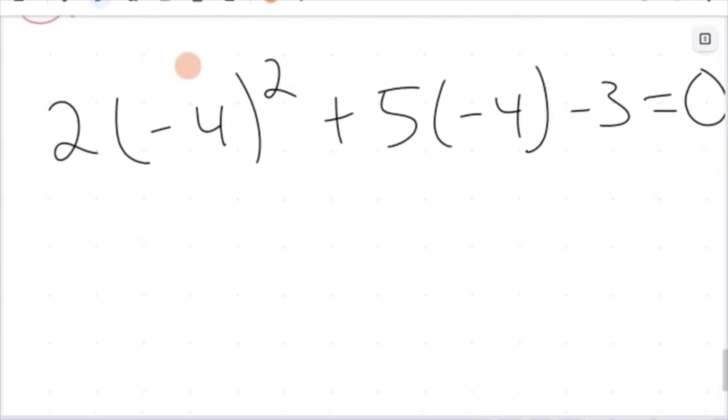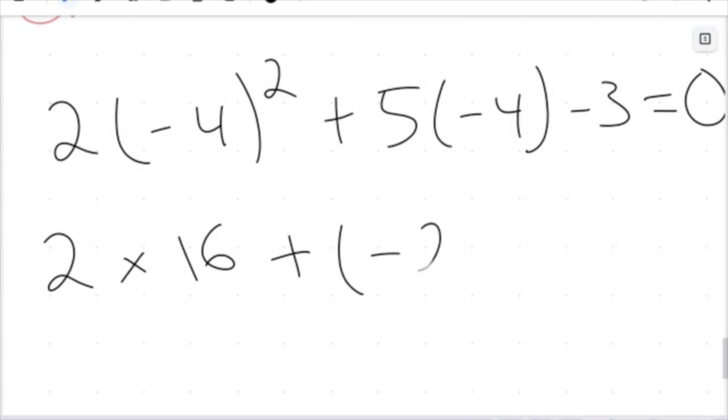Now here I have a negative number squared. So that means I have a negative 4 times negative 4. That's going to give me positive 16. So this means I'm doing 2 times 16 here. And then I'm adding to that 5 times negative 4. Now a positive number multiplying by a negative number gives me a negative number.